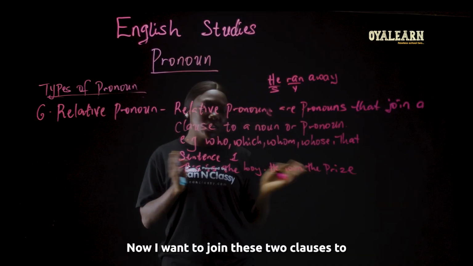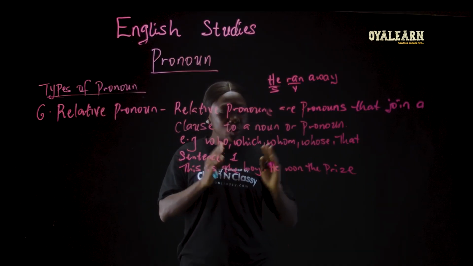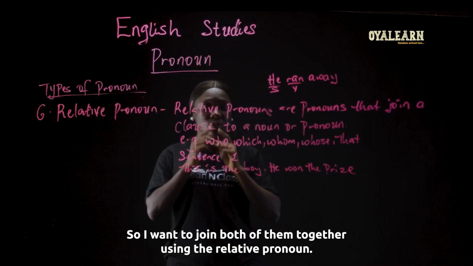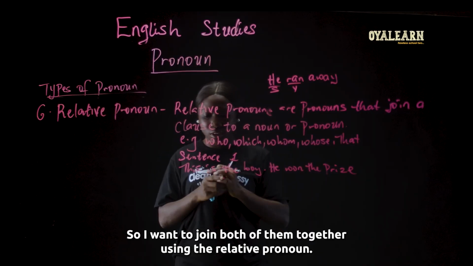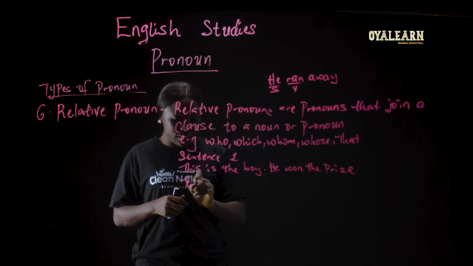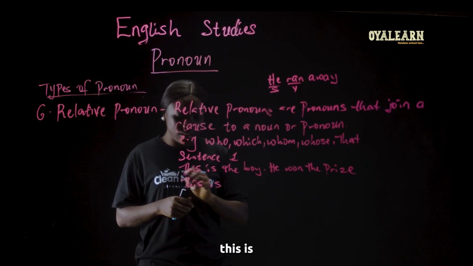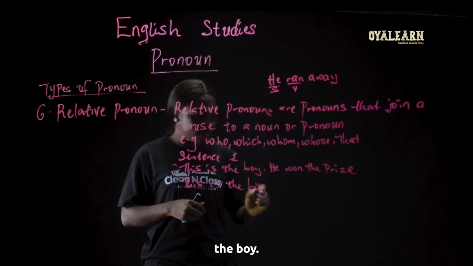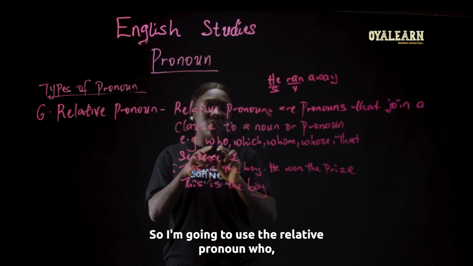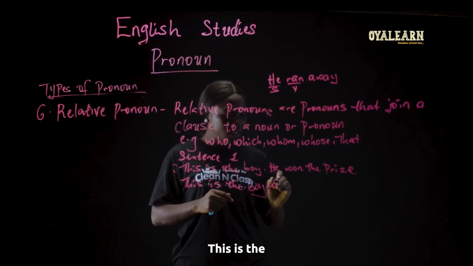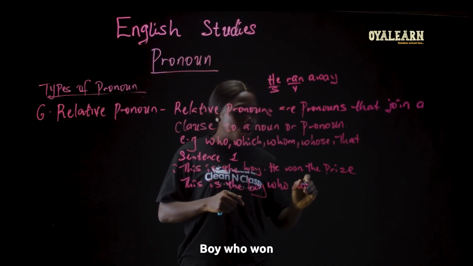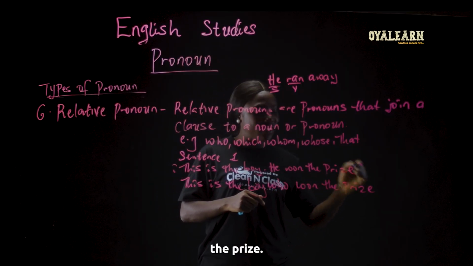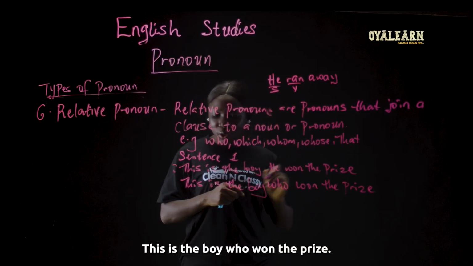I want to join these two clauses to make one sentence, using the relative pronoun. So I would say, this is the boy who won the prize. I'm going to use the relative pronoun who. This is the boy who won the prize.